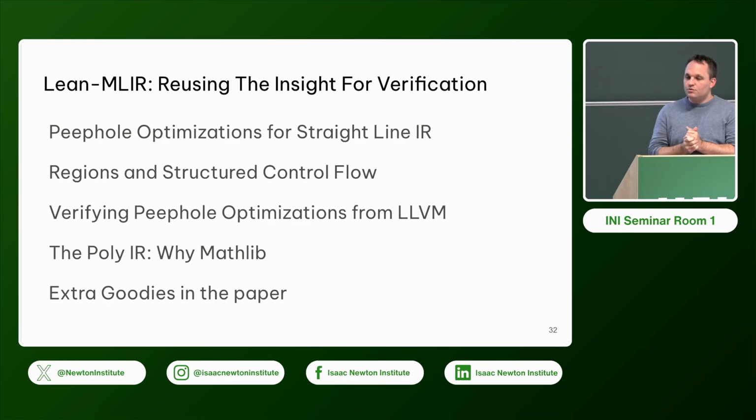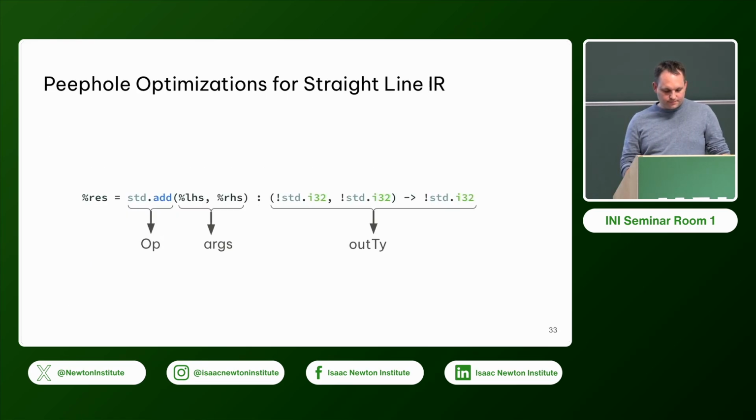It's really just optimizing straight line code with peephole rewrites. In LLVM, that's roughly 10% of the code base, a huge collection of rewrites. If you drop data flow analysis from that, maybe it's only 3 or 5% of the code base that has just rewrites of bit vectors, relatively simple. We're only aiming for verifying these things.